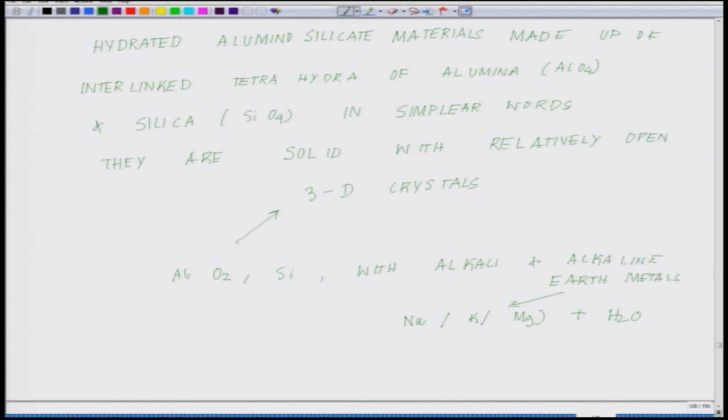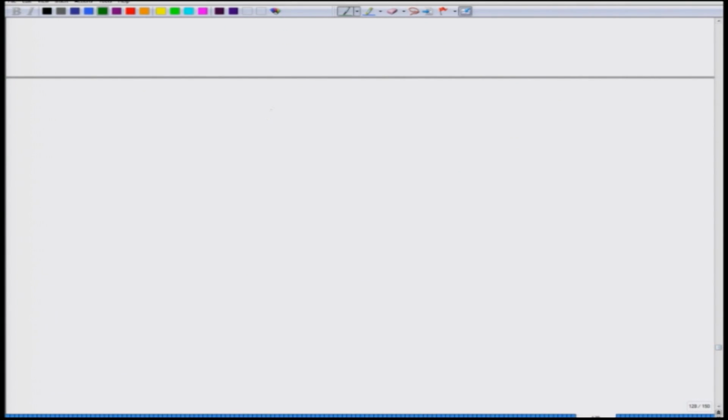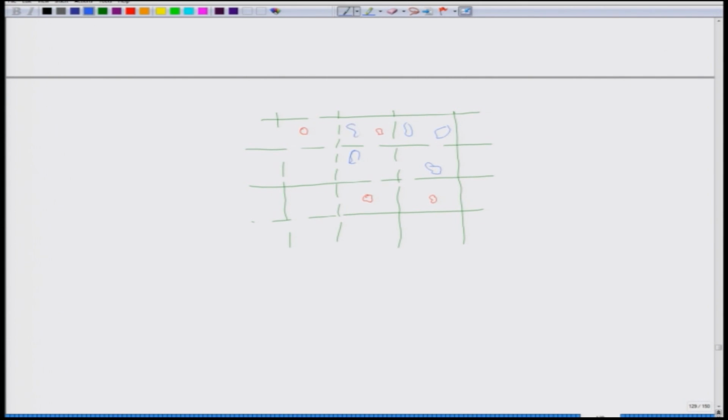So, if you try to visualize it, it will be something like this. It will be a lattice structure like this, just for your understanding. So, it is a kind of mesh of different porosity, where you have alkali metals trapped in them, and there are a lot of water molecules trapped in such structures.